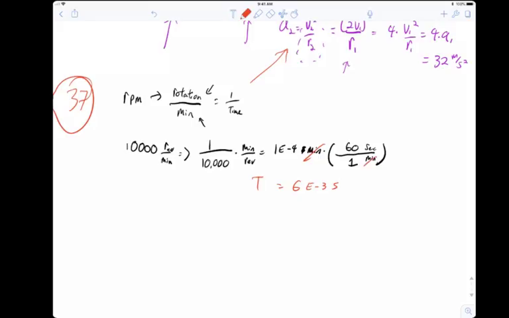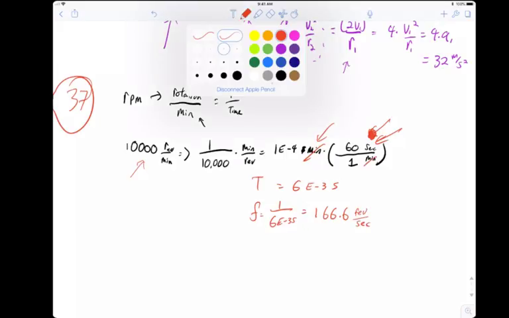And the frequency in revolutions per second. Long story short, it's actually easier to convert period into seconds from minutes than it is to calculate the frequency, but it's not that much harder. 6e minus 3 seconds tells me the frequency is 1 divided by 6e minus 3. You note that I keep writing rev here.